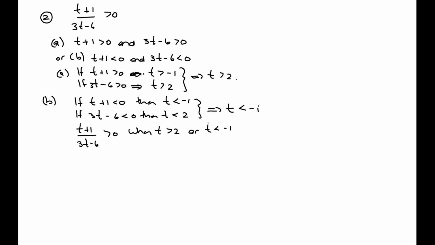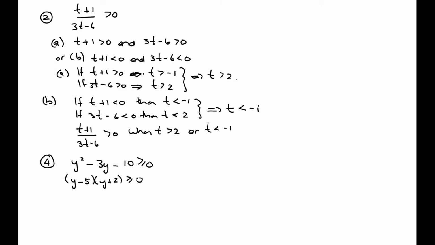Let's change question 4 slightly so that it's y squared minus 3y minus 10 is greater than or equal to 0. So we can factorize that to y minus 5 and y plus 2, and it's still greater than or equal to 0. Let's have two cases.